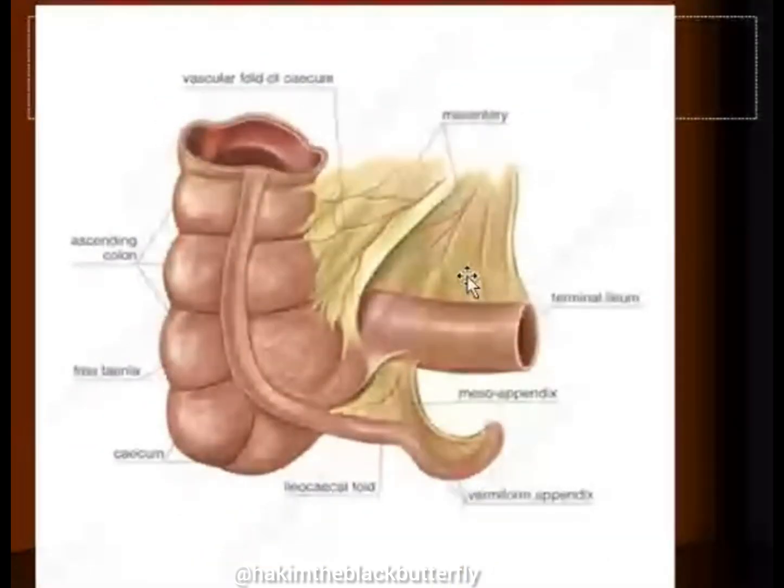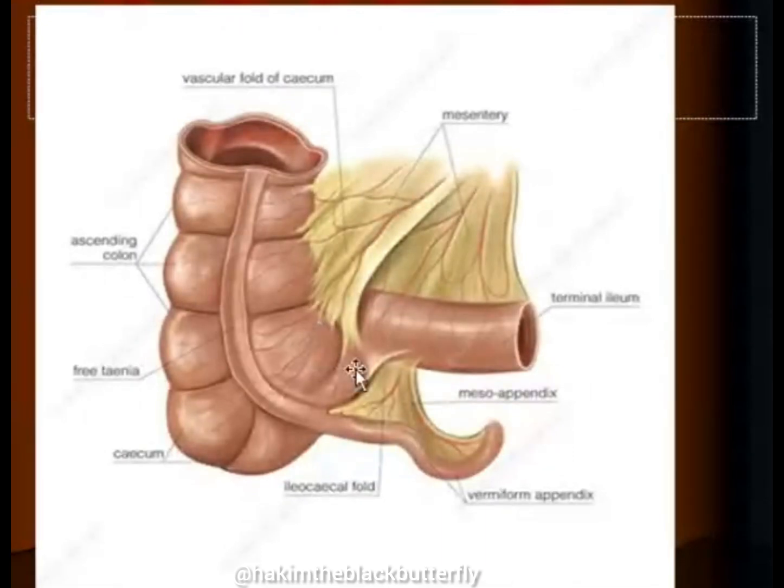So this is showing us how peritoneum reflects itself onto the cecum and the appendix. The space there is known as the superior ileocecal recess. The space below there is known as the inferior ileocecal recess. These are the potential spaces I talked about.